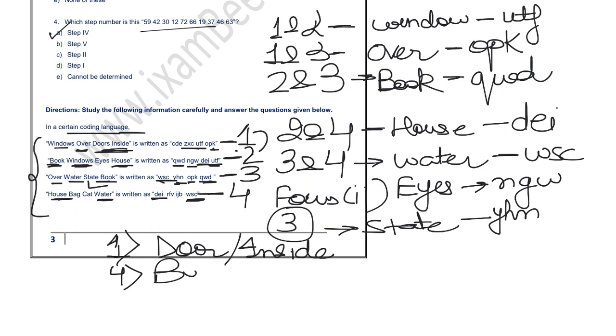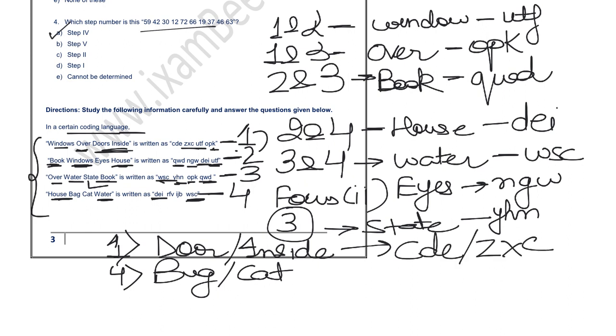So there is no word common between first and fourth statement, and two codes representing door and inside are also left. So we are not sure what is the code for door or what is the code for inside. So the code of door and inside may be CDE and ZXC, because these are the only two codes left in statement number 1.